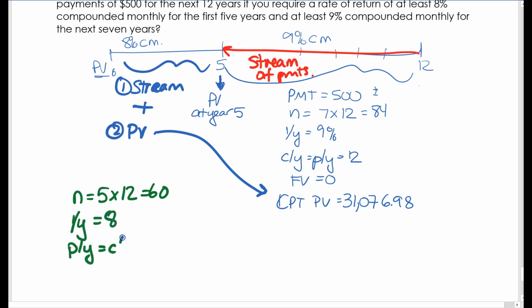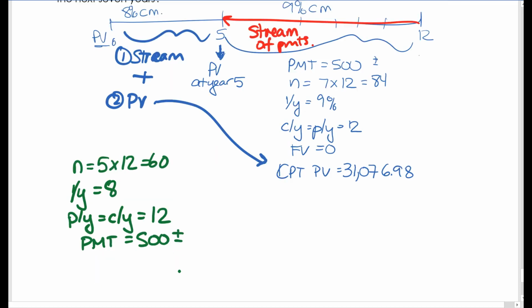Payments per year is still equal to the compounding per year, which is 12. Let's see, what else do we do? The payments don't change, so make sure the payment still didn't accidentally get changed from negative 500. And the difference here now is the future value.